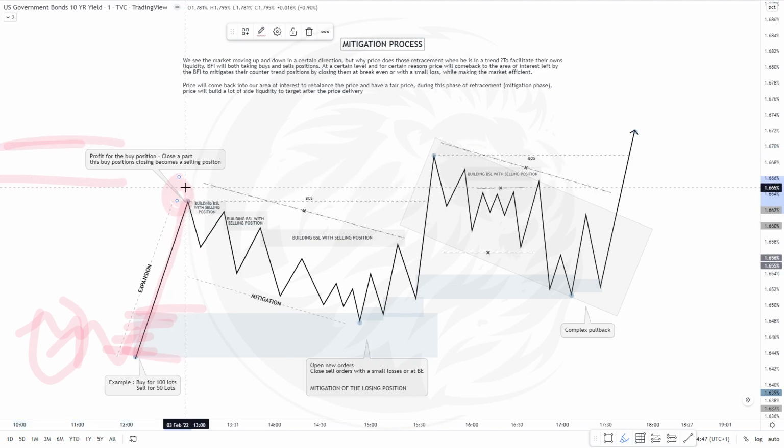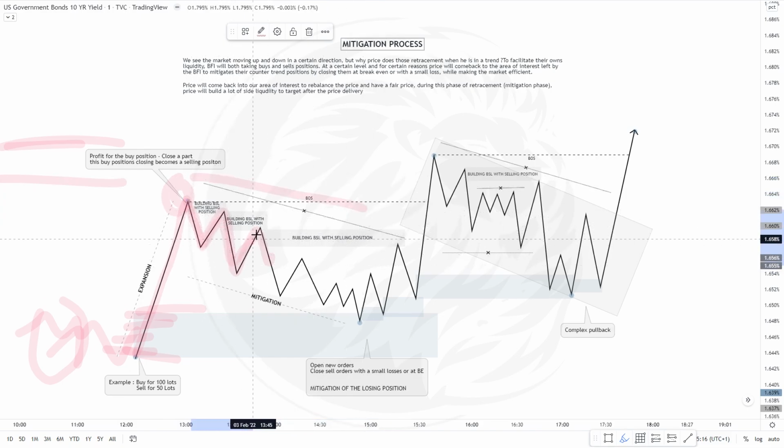down. But at this point, banks and financial institutions will also take some partials, and by closing partials on a buying position, they will become sellers, and also they will build a selling move, and this selling move will build liquidity, buy side liquidity, that we will target after the delivery of the price into the order block.